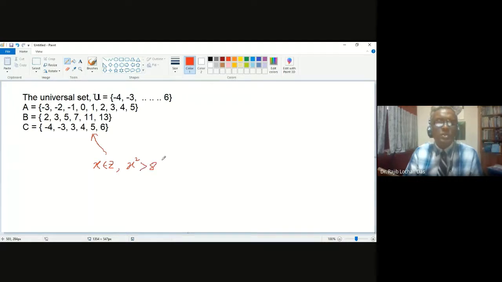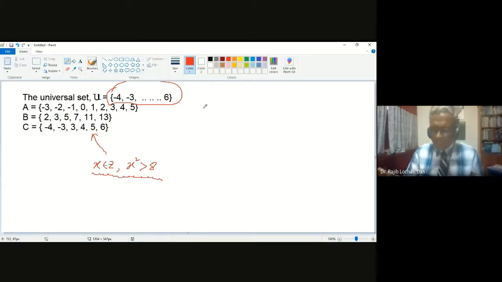So you find the number for which x square will be more than 8. You check every single number in the universal set, which one you can take in C.